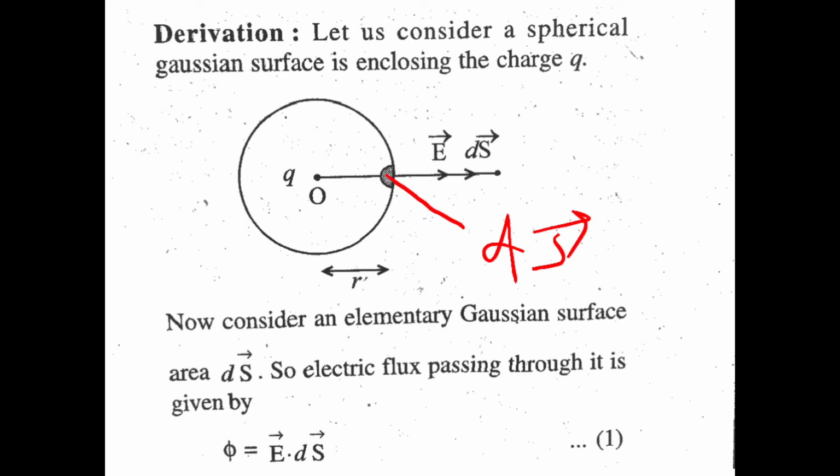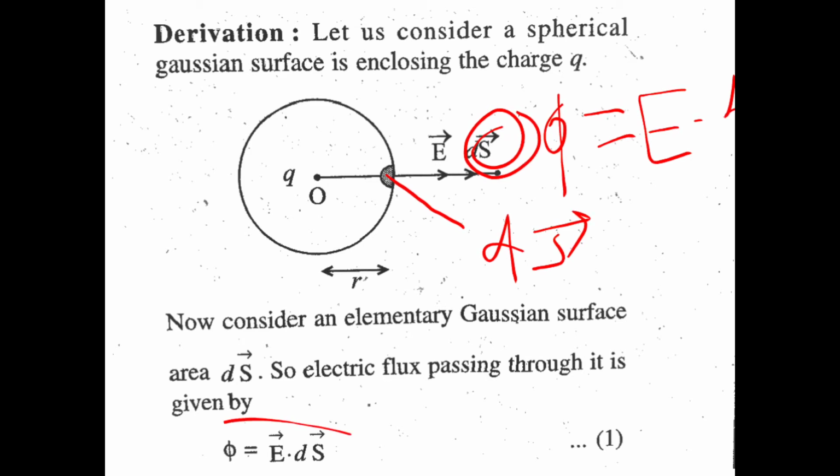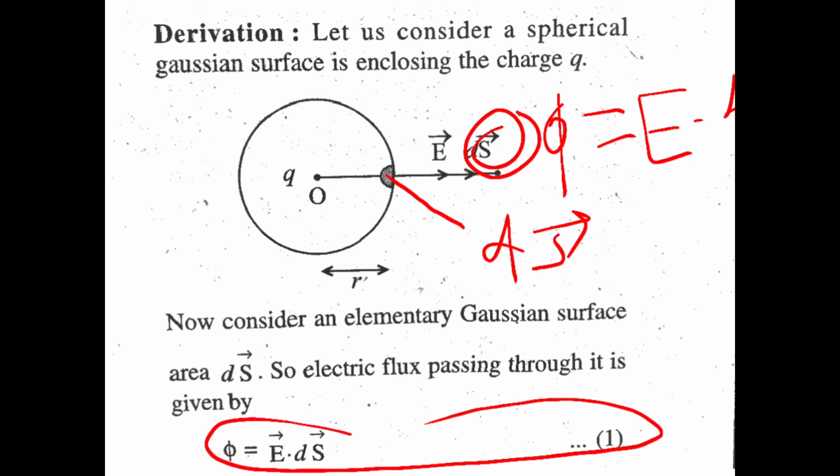So the electric flux passing through it is given by electric field intensity into area. We know phi, the flux, is equal to electric field into area, so here electric field into area, that is ds vector. The area is very small, ds vector. This is equation 1.